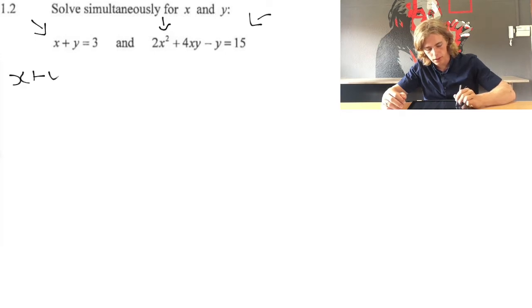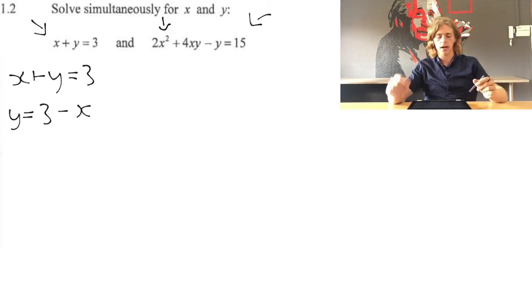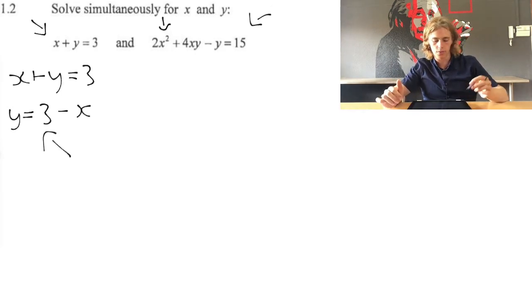So what we're going to do is we're going to say x plus y equals 3, and we are then going to say y equals 3 minus x. We're going to take x over the equal sign and change the sign. And now we're going to use this, and we're going to put that into this equation. Wherever it says y, we're going to put 3 minus x.